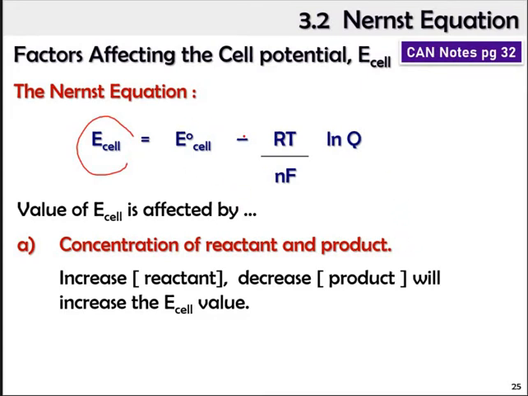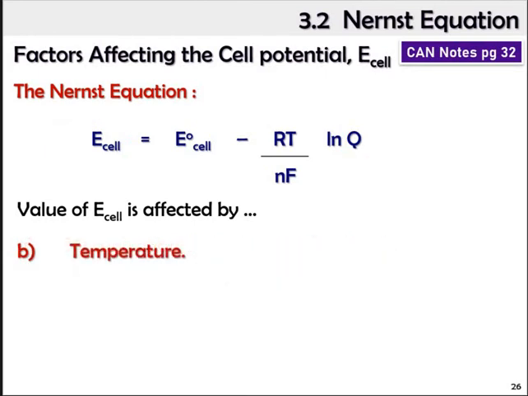Kita tak nampak concentration dekat sini kan? Here we have Q, melibatkan product and reactant. Reactant di bahagian bawah, and atas ni adalah product. Bila kita increase the reactant and decrease the product, dia akan increase the E cell.